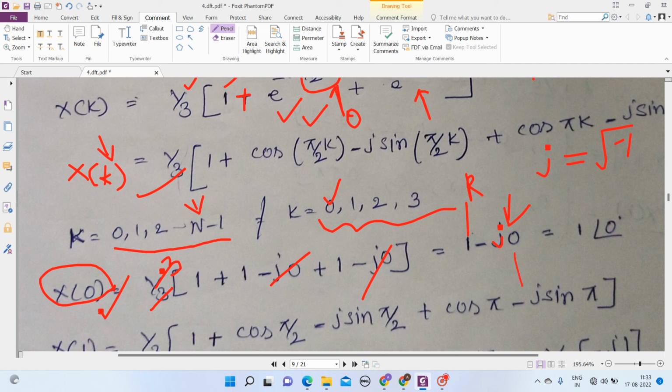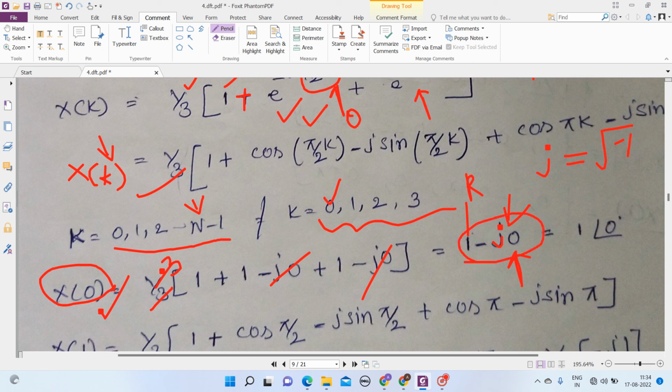So here we have to convert. This is the rectangular format, right? This is a rectangular form. We can also call this a complex number.